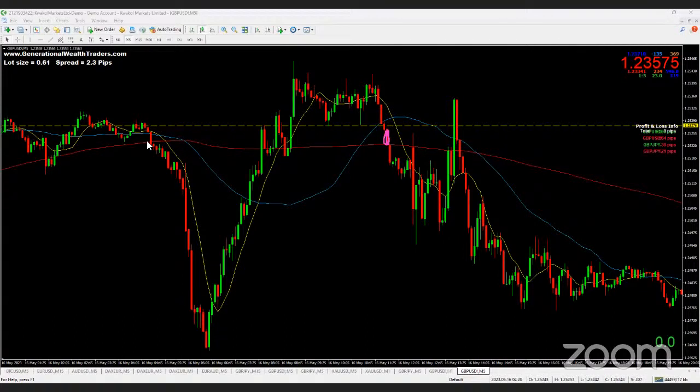Two reasons why the moving averages help. One, it could help you enter the trade. I don't want to use the wrong word now. I used the word earlier before, and I meant to say too early.